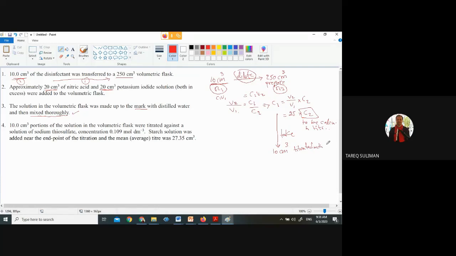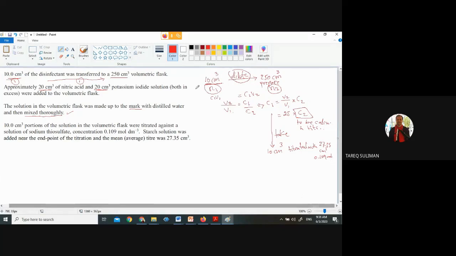We used 27.35 centimeter cube of 0.109 mole per decimeter cube of thiosulfate, which is S2O3 2-.